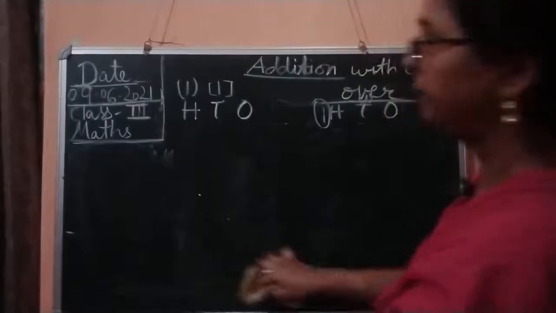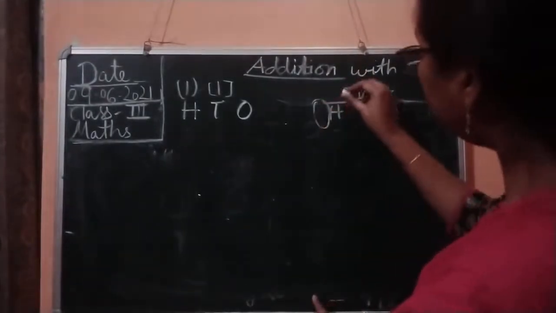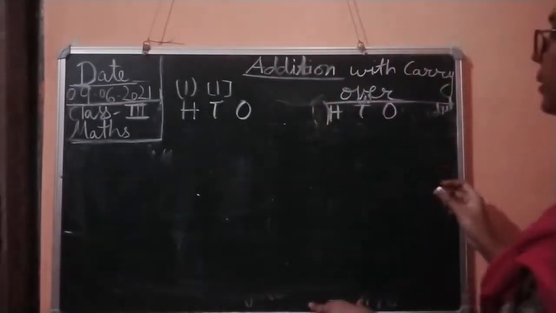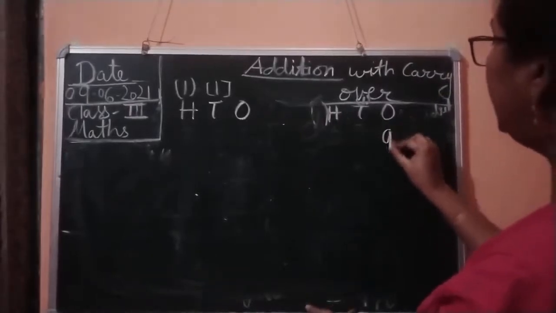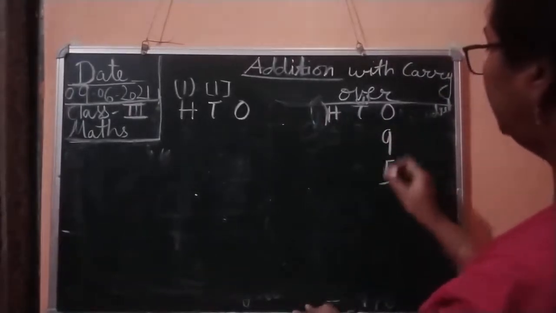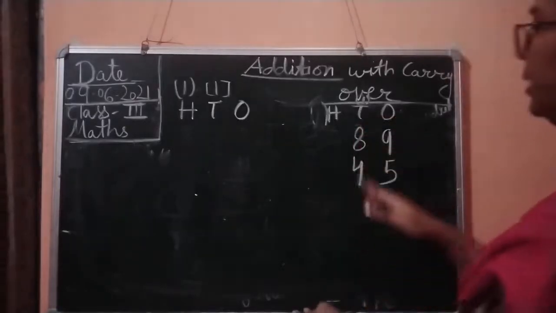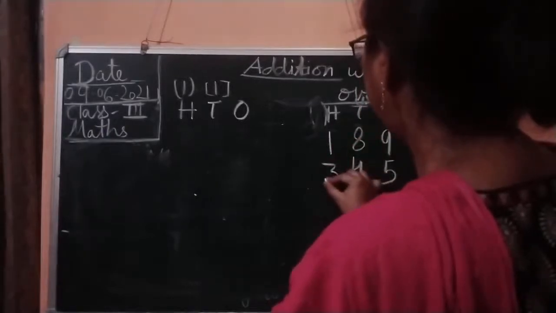Okay, children. Now I am going to write a few more examples to understand it better. So here in ones I'll write 9 and 5, and here 8 and 4, and in hundreds I will write 1 and 3.